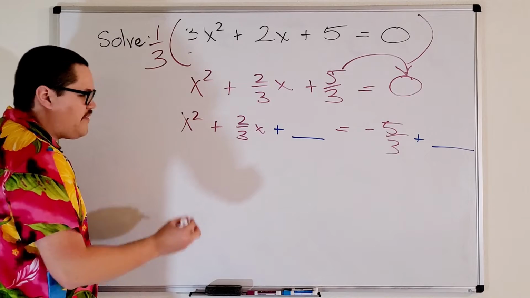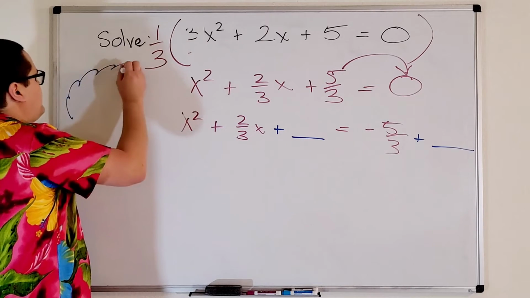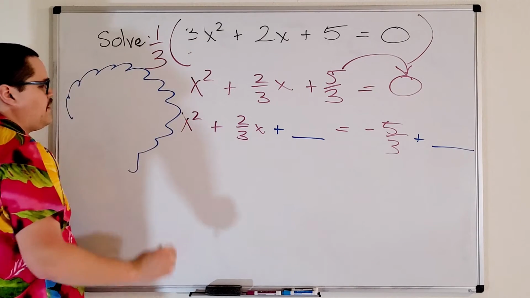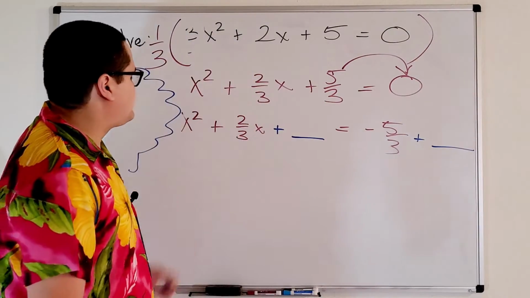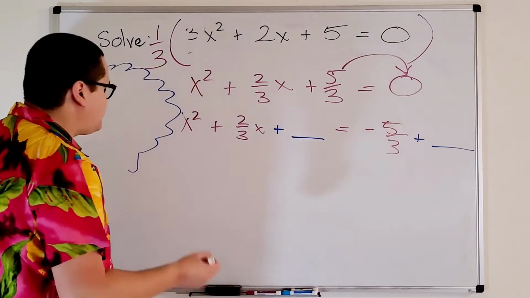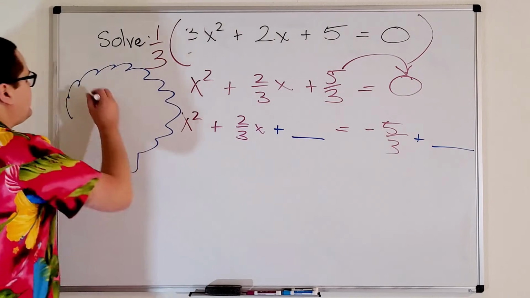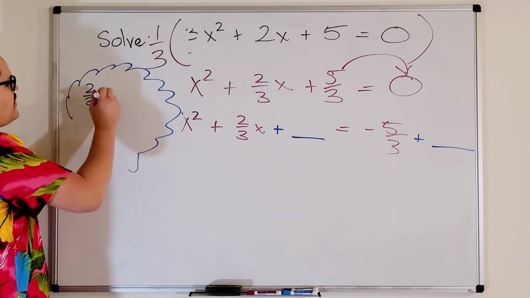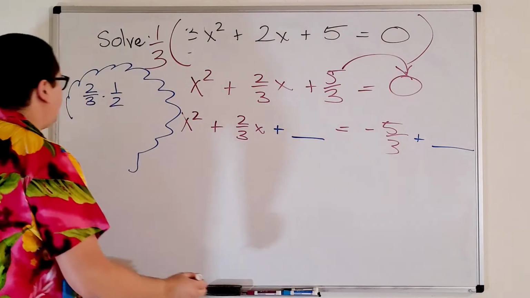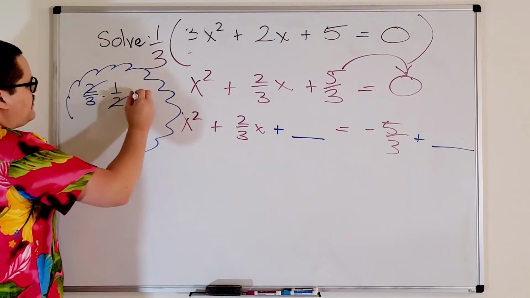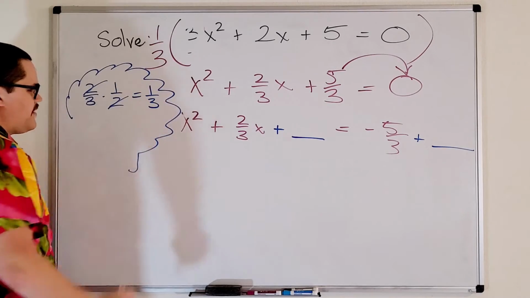Let's go to our little thought bubble. Use our brains. So what we put is 1/2 of this guy. So 2/3 divided by 2 is the same as 2/3 times 1/2. 2/3 times 1/2, well, 2's cancel, that's 1/3.